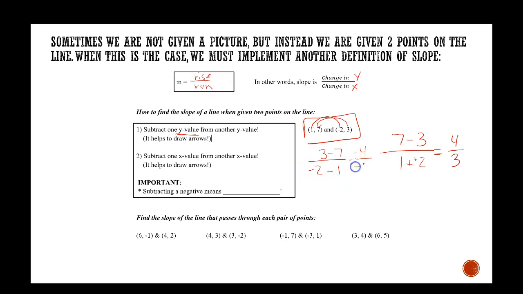Negative 2 minus 1 is negative 3. But again, a negative over a negative is positive, so you end up with the same slope. So order doesn't matter as long as we go in the same order. For our first example, remember, subtracting a negative means to add.